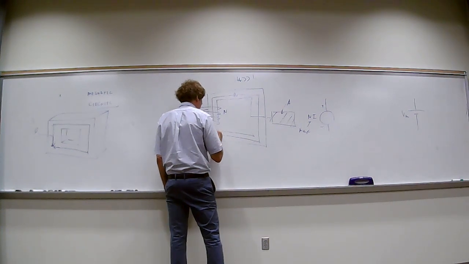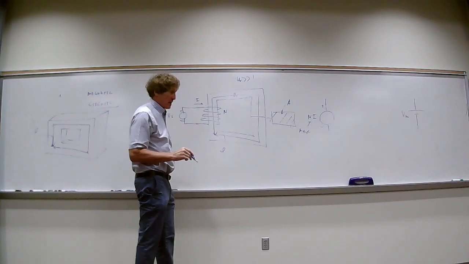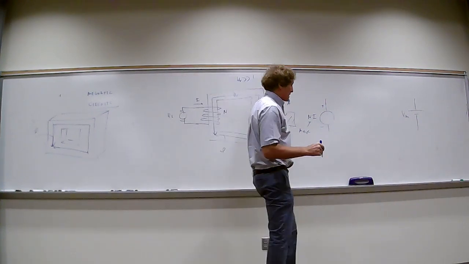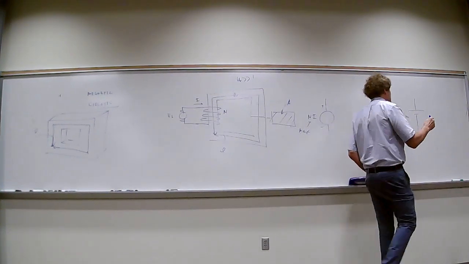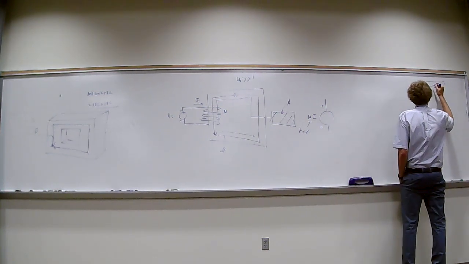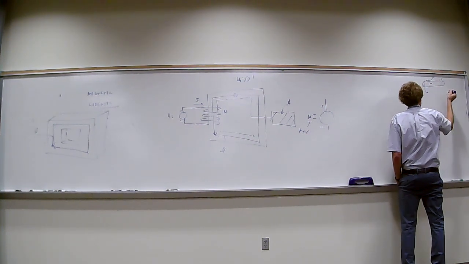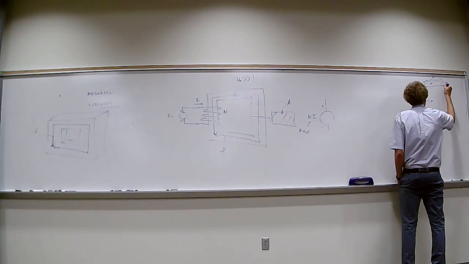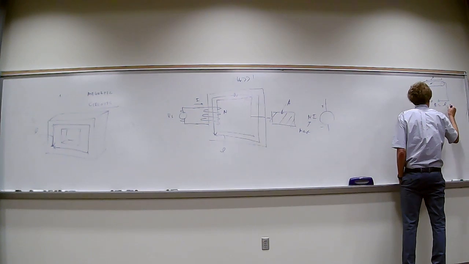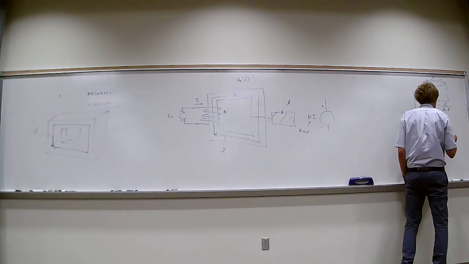Now, we're going to assume this has a certain total length around here, L. And think back to when you did resistance. If you had anything with a cross-sectional area A, length L, and conductivity sigma, the resistance between the ends would be proportional to length, inversely proportional to area, and inversely proportional to sigma.